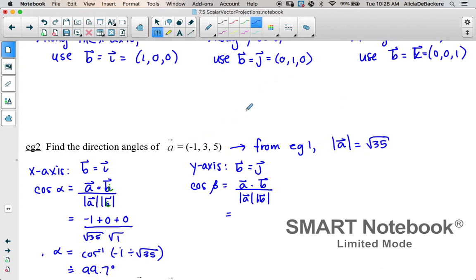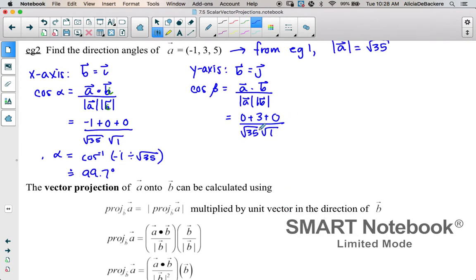So I'm going to get 0 plus 3 plus 0. And again, I'm going to get root 35 times the magnitude of vector b, which is just 1. And then we'll rearrange and solve for beta. And on my calculator, I'm just typing this in. Make sure, again, you're practicing with your calculator that you can type that in and get the right answer.